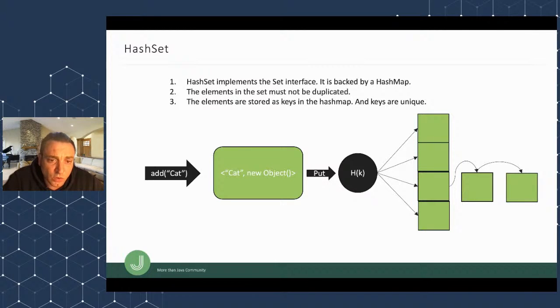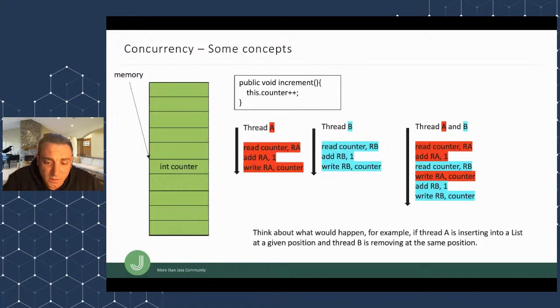Now I wrote new object here. Actually, what would happen is that we would not generate a different object for dummy objects. We would have a single object to save some space. But let's say, functionally speaking, this is what happens.